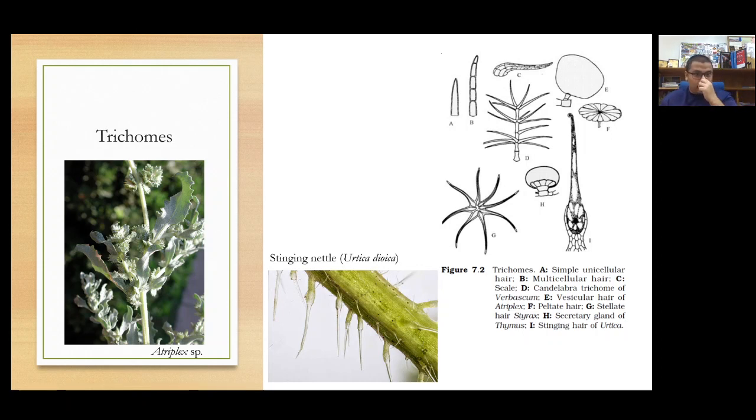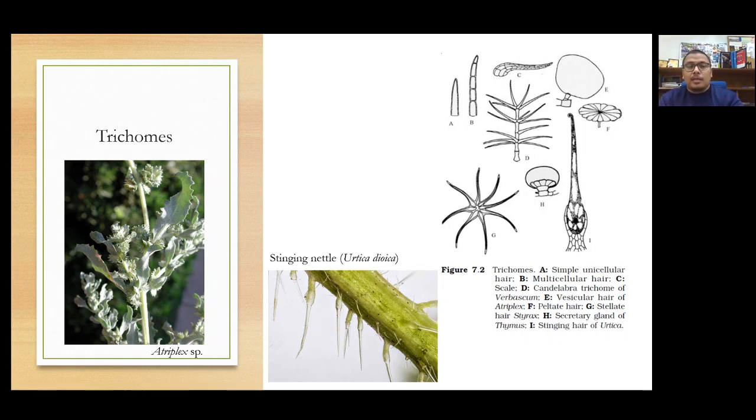Also, another important anatomical feature is the trichomes. Trichomes are appendages of the epidermis, which may be glandular or non-glandular. We can differentiate many plant families based on this character.